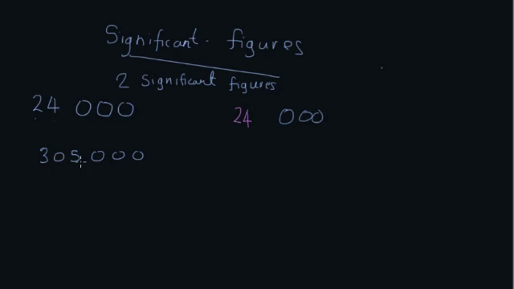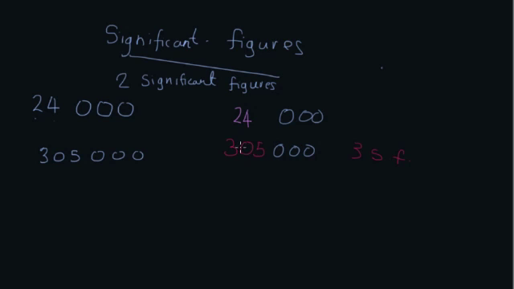So in this one, if we're going to do 3 significant figures, this is 3, 0, 5, and then we'll put 0, 0, 0. Now this is for 3 SF, 3 significant figures.